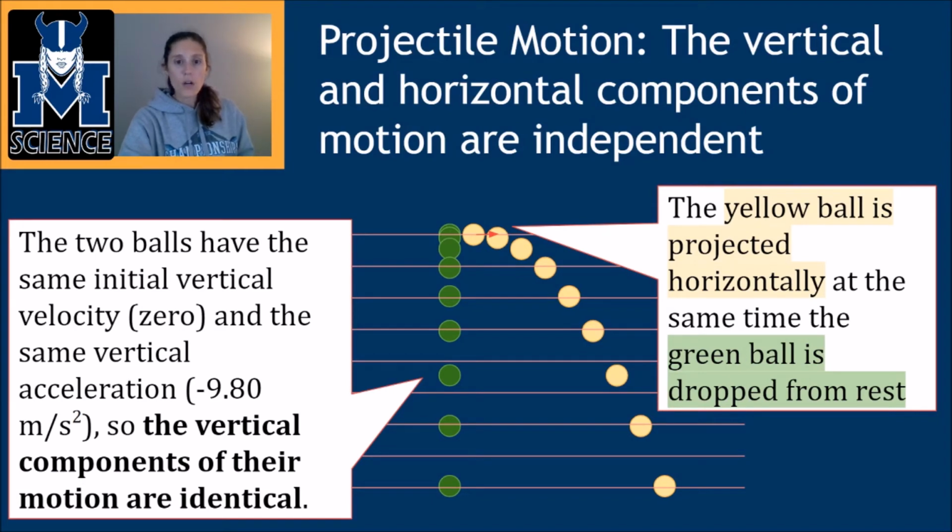So the vertical component of their motion is identical. Okay, the vertical component is identical. It can be treated pretty much like a free fall problem if you're just looking at the y component of the velocity, okay, or the position. It's kind of independent of that initial x velocity that you gave it.